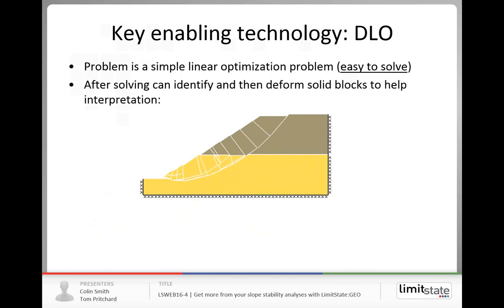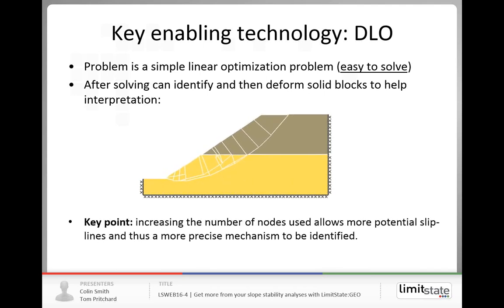The software automatically ties together all those slip lines and animates them to assist with interpretation. And a key point here is that the accuracy of the result that you get out is dependent on the starting number of nodes, because that determines the set of potential slip lines that it can select the critical mechanism from. So the more nodes you use, the more accurate the result, but of course it will take a little longer to solve.